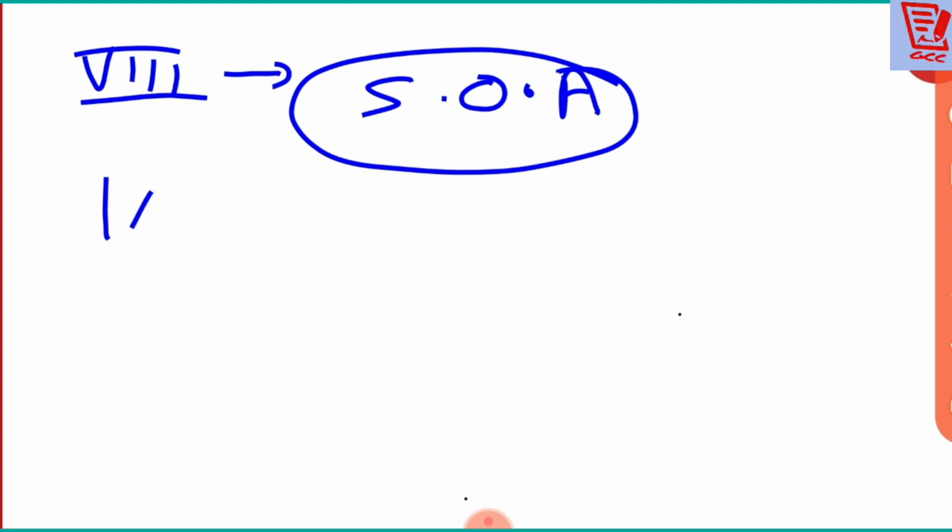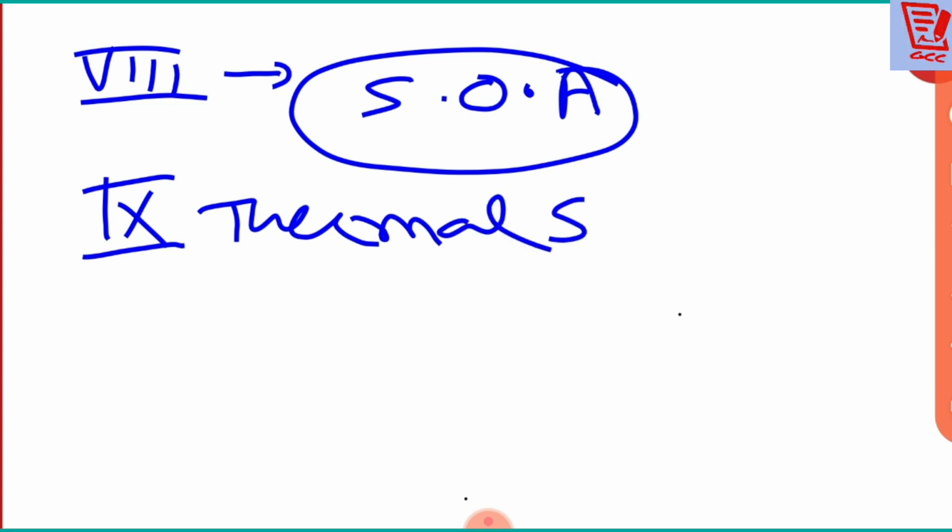Same way, the ninth point is about their thermal stability. We have done thermal stability in group 15, 16 and 17 also. Now what is thermal stability? Where the bond is strong, there will be more thermal stability.